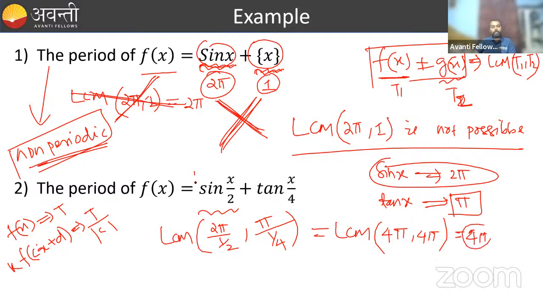So what is the period of this function? That is 4 pi. Clear? Clear, everyone? Guys, clear or not? Yes? Clear. Okay, let's move to the next thing.